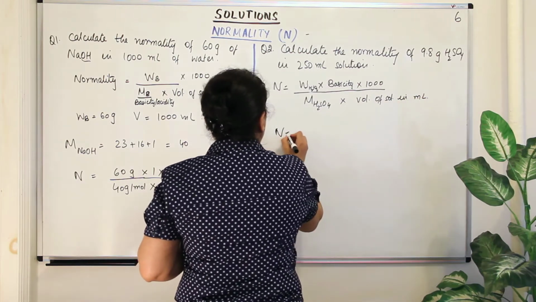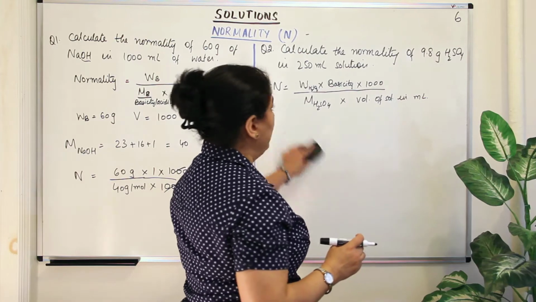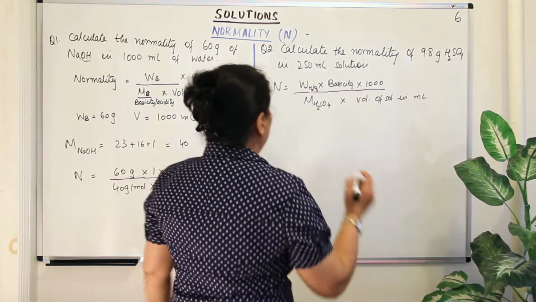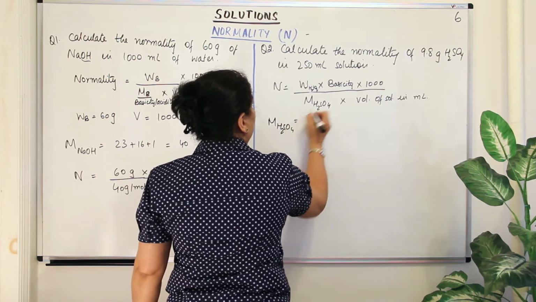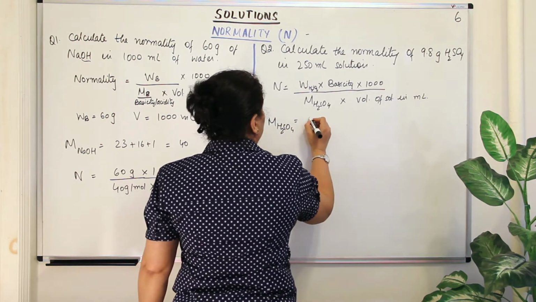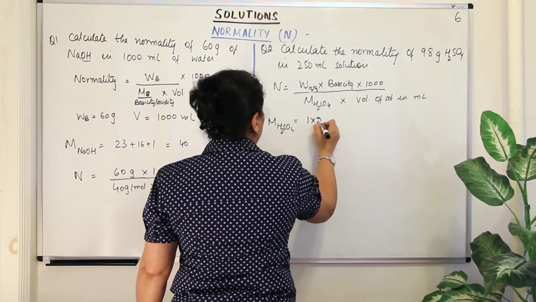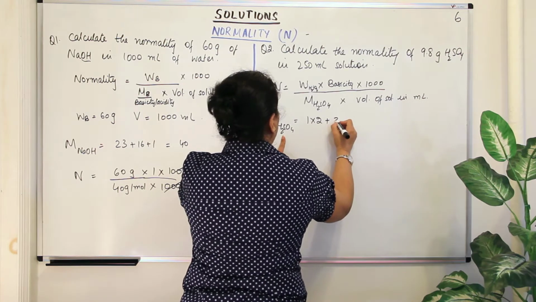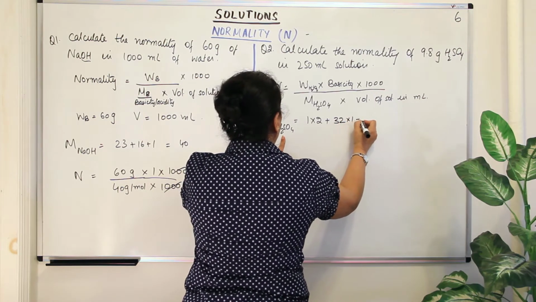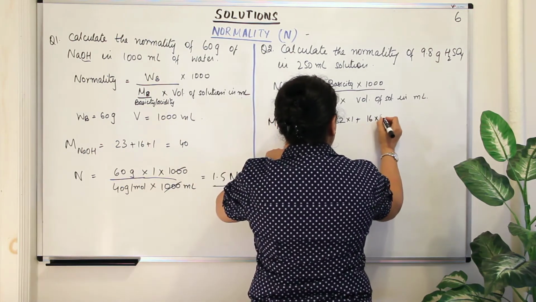So let us substitute the values. In order to substitute the values, first we need to find out the molar mass of H2SO4. So let's calculate the molar mass of H2SO4 would be equal to, H is 2 hydrogens, so the mass of one hydrogen is 1 and there are 2 atoms of hydrogen, plus there is 1 atom of sulfur and the mass of sulfur is 32 into 1, plus there are 4 atoms of oxygen and the mass of oxygen is 16 into 4.